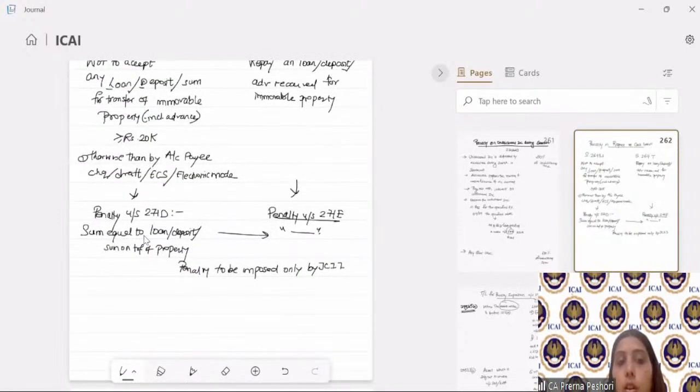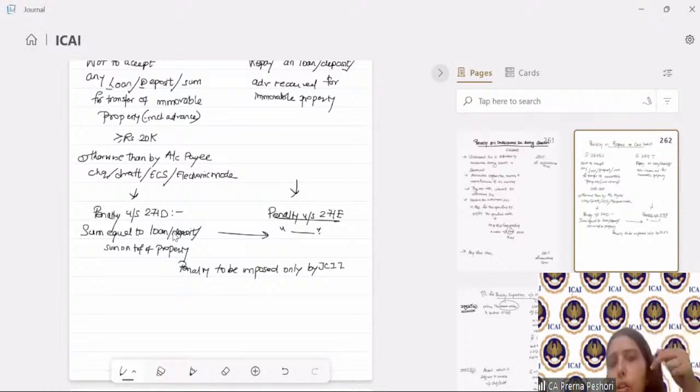Sum equal to the loan or deposit. In this case, the AO has levied the penalty of 60,000, whereas the sum was only 50,000. So the maximum penalty would be only the sum equal to the loan, which is 50,000 only.